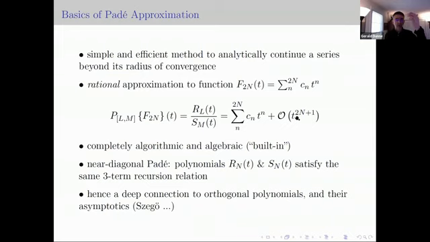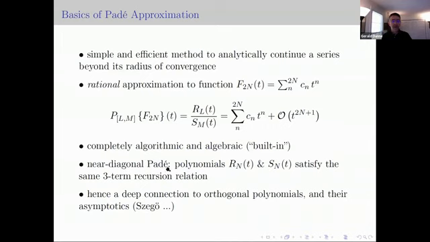So it's completely algorithmic and algebraic. The coefficients in these polynomials are expressed as some sort of determinants of the original coefficients. And there are clever algorithms to speed this up. And they're just built-in functions in things like Maple and Mathematica. So it's an absolute triviality to take a polynomial and turn it into whatever Padé approximation you want these days.